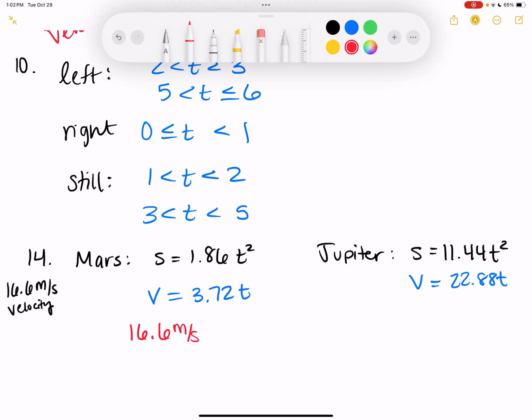I thought that's what we were going to do at first. So 16.6 divided by 3.72 equals t.